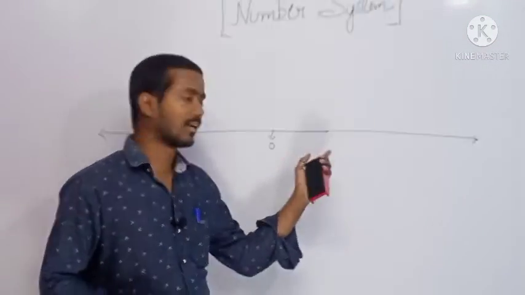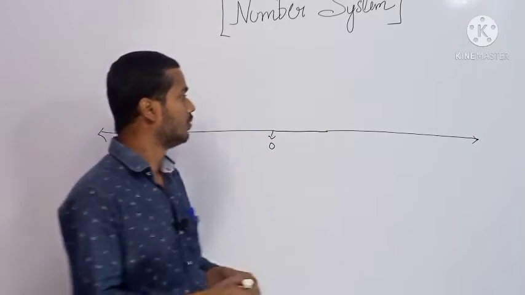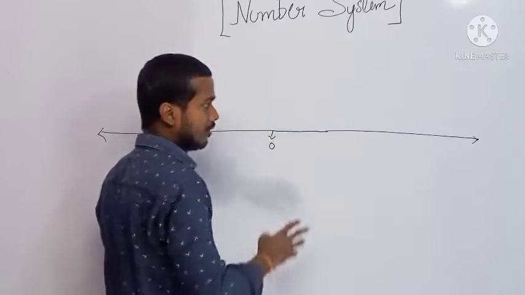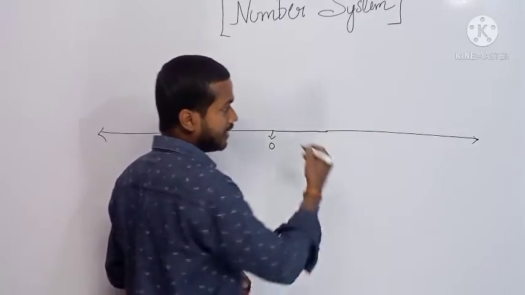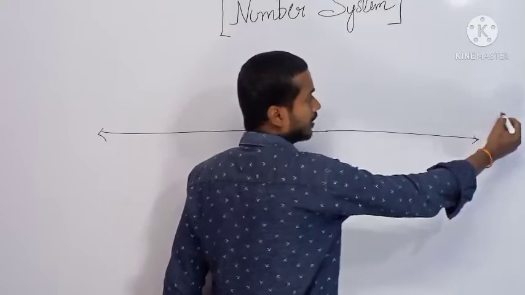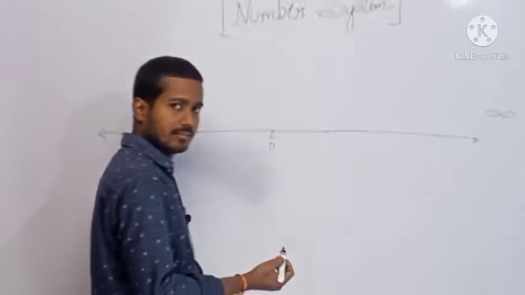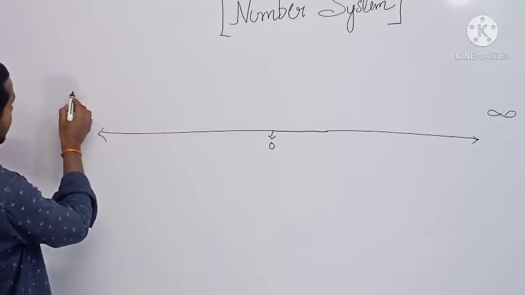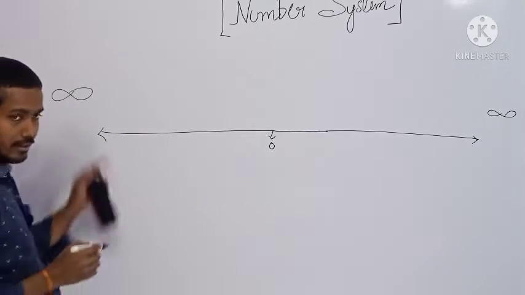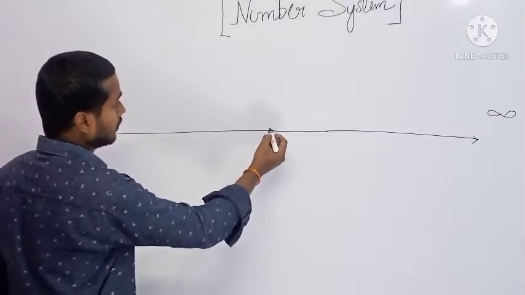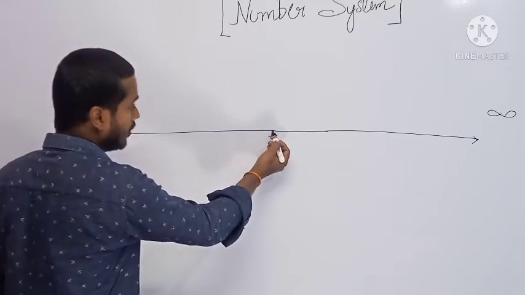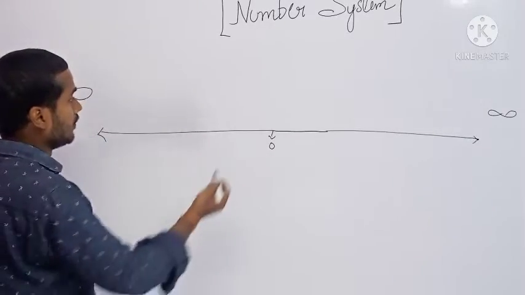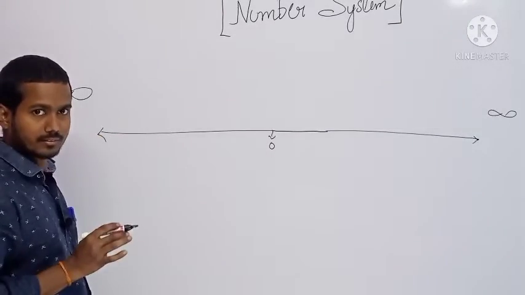So this number line, if we move towards the right hand side, goes towards infinity, right? And if we move towards the left hand side, it also goes to infinity. But I already told you that when we move towards the left hand side we get all negative numbers, right?